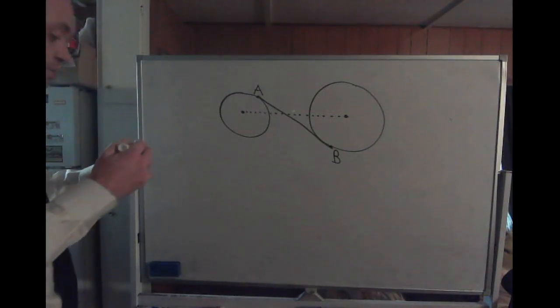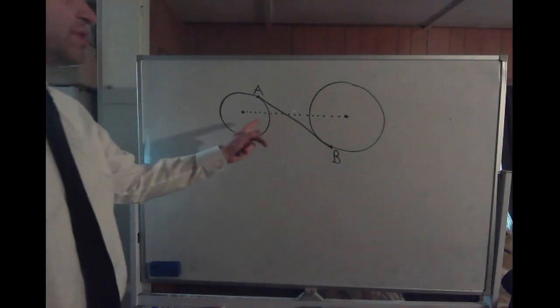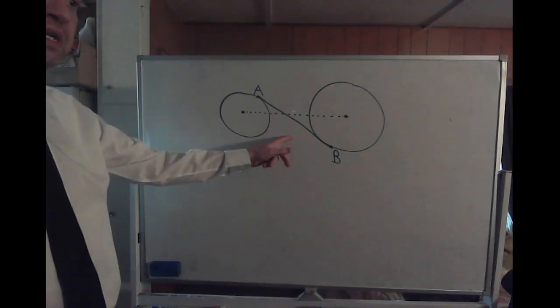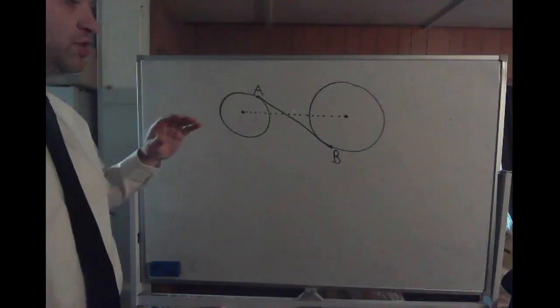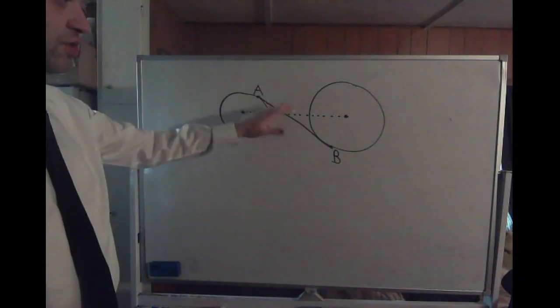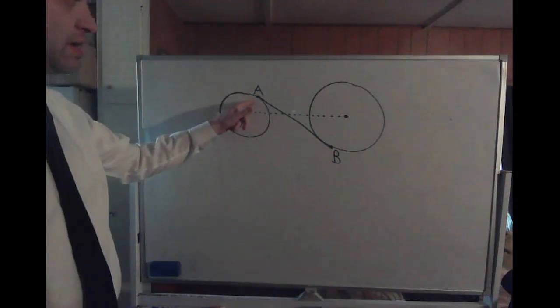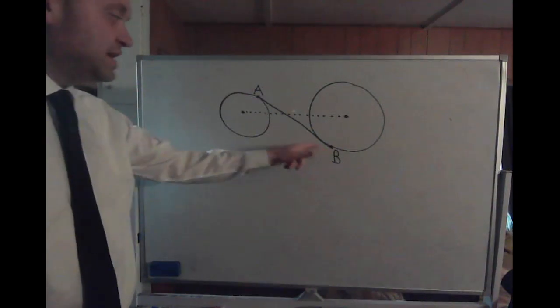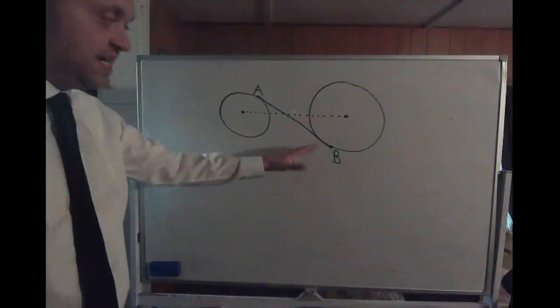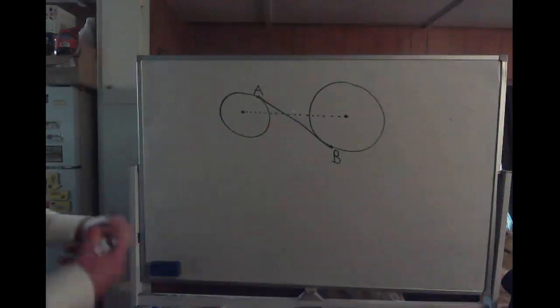Alright, so as you see here, we have two circles where their centers are connected, and then you have an internal tangent here. Between point A and point B on the next circle, you have a tangent line that's actually tangent to both of these circles at these respective points.